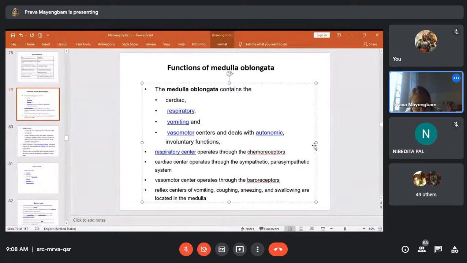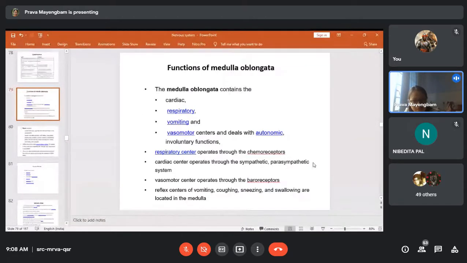They sense changes such as a drop in the oxygen concentration in the blood, a rise in the carbon dioxide concentration, or a rise in the hydrogen ion concentration. These are sensed by the chemoreceptors, and the signal goes to the respiratory center.